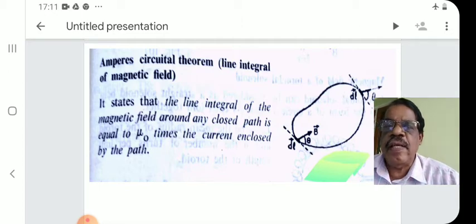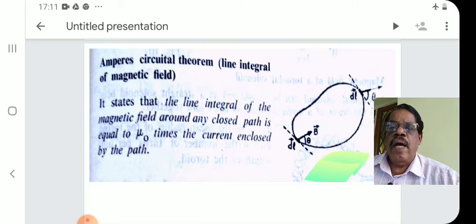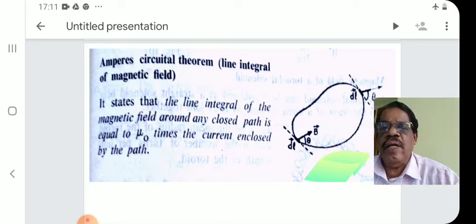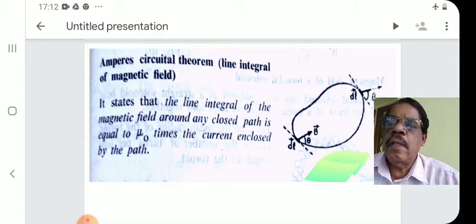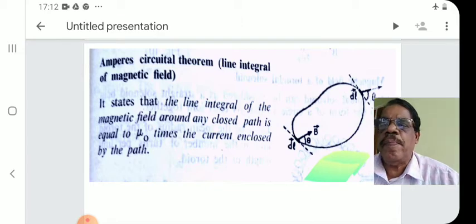That we represent as integral B dot dl. That integral B dot dl is called line integral, and that is coming here. So that is why we have written in the brackets line integral of magnetic field, which is given by Ampere's circuit theorem.